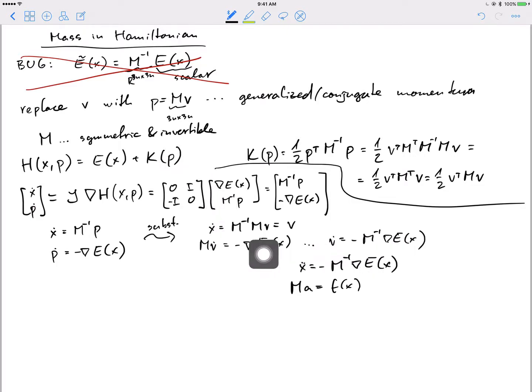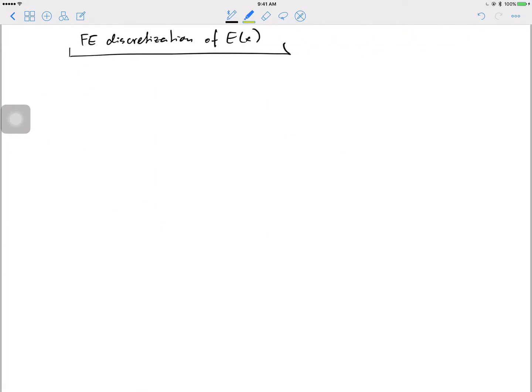That's this, the v transpose M v, aka p transpose M inverse p. That's really the only trick here, that you have to plug the inverse in there. Now we have to discuss how to do the same thing for the potential energy. That's going to be a little bit trickier than the kinetic energy because it's a more complicated energy.